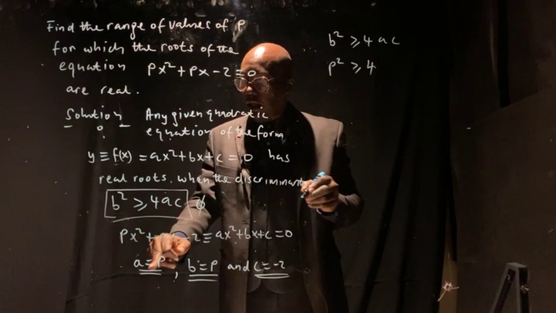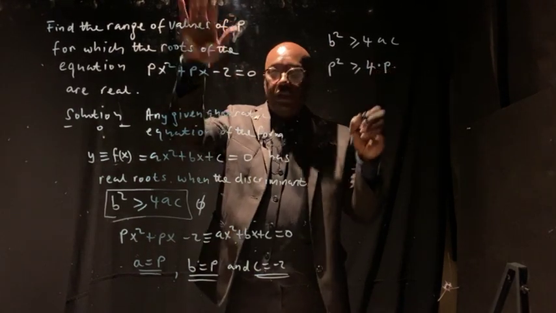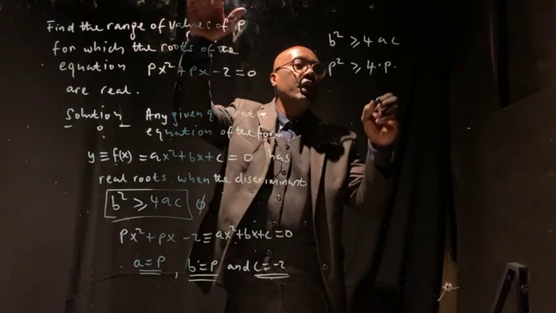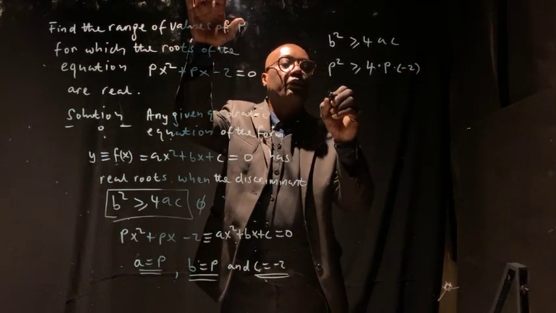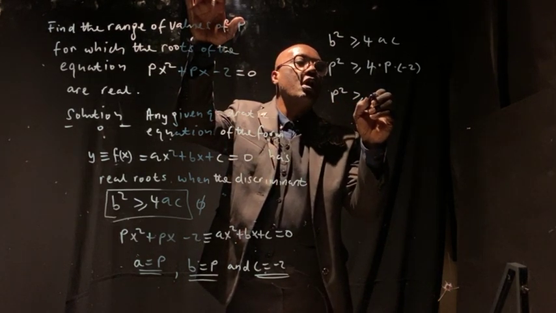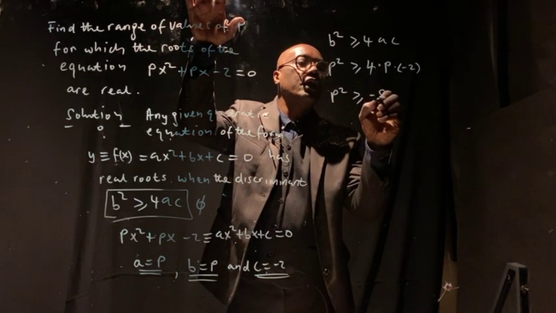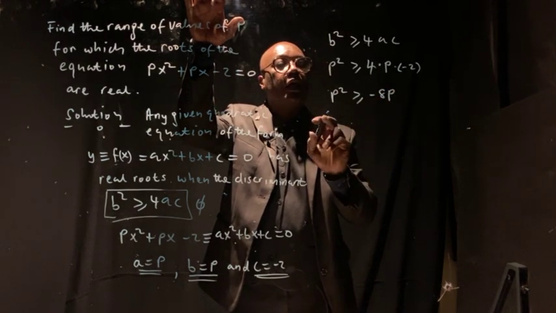And what is a? a is p multiplied by p. And what is c? c is minus 2. In which case we have p squared is greater or equal to minus 8p.